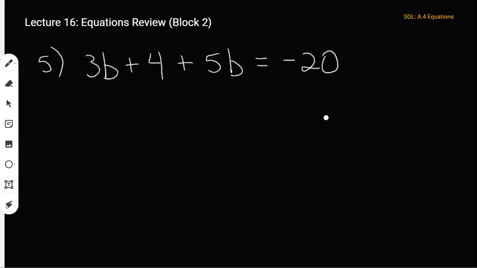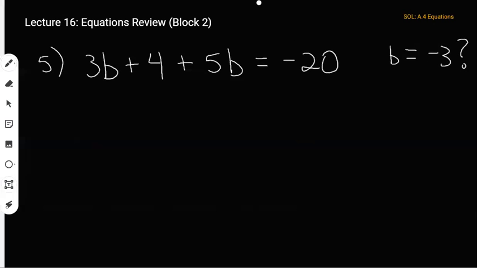All right, so my original was 3b plus 4 plus 5b is equal to negative 20. And what was my solution? It was negative 3.